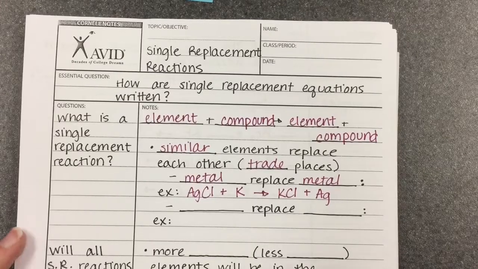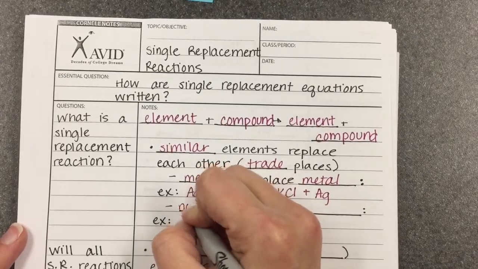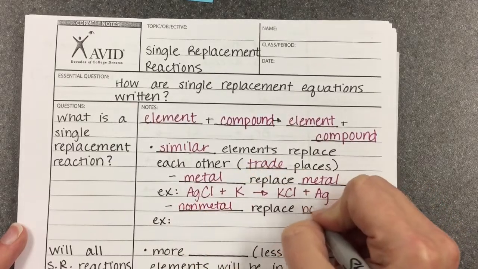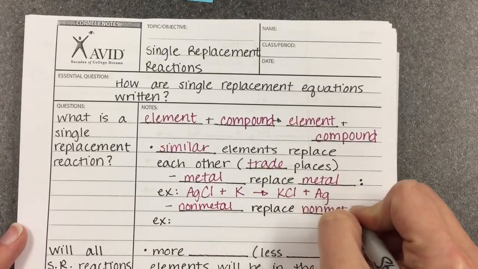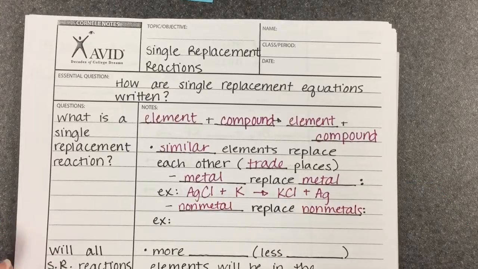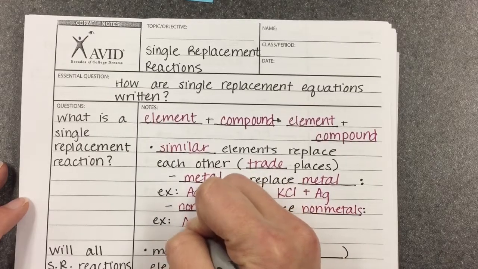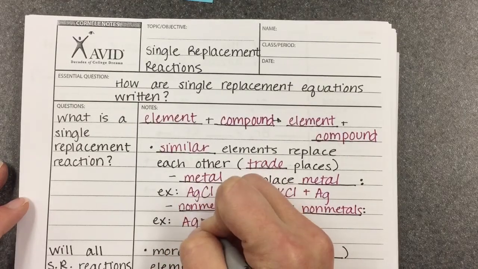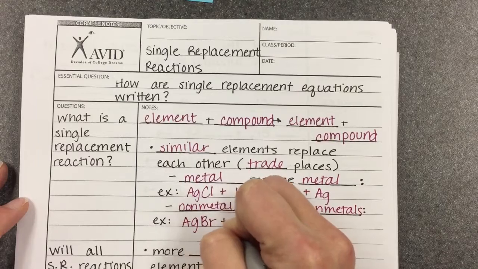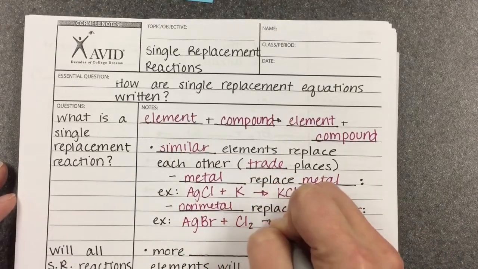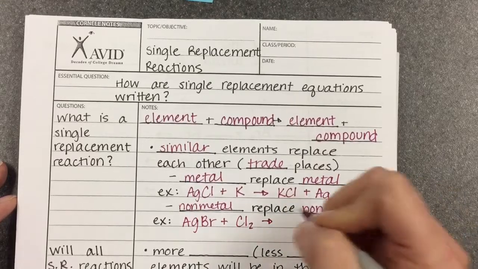There are instances in which nonmetals replace nonmetals. Okay, so an example of that would be, let's say that I had silver bromide, and to that we add chlorine, which is a diatomic element. Remember your diatomic elements.